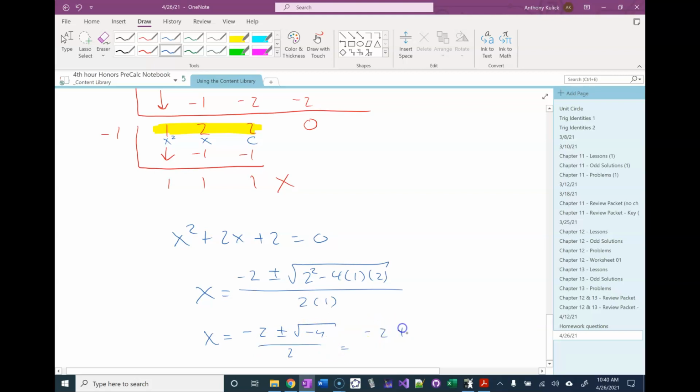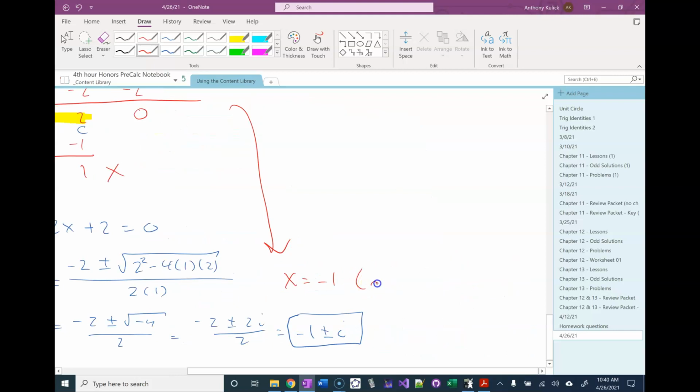So that's going to be -2 plus or minus 2i over 2, which reduces all down to -1 plus or minus i. And then from up here we had x equals -1 with multiplicity 2, since we used that answer twice.